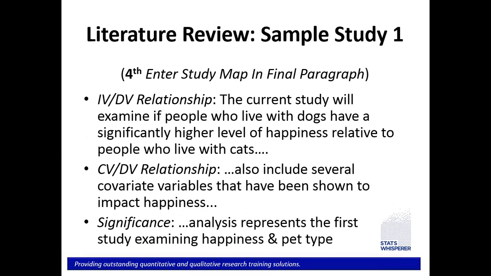Then we might work in our covariates, right? Covariate dependent variable relationship. And we might also say, also included are several covariates that have been shown to impact happiness. And then we would like to make a statement of significance at the end. So we would say, the analysis represents the first study examining happiness and pet type.